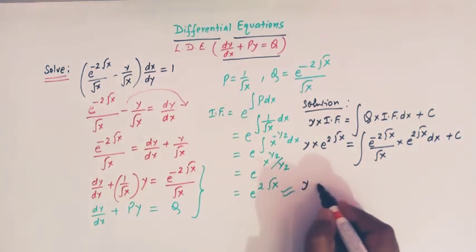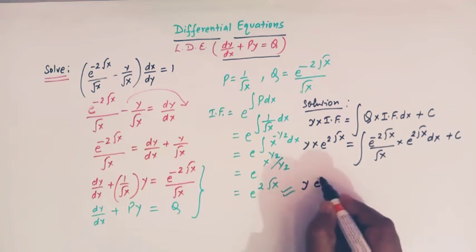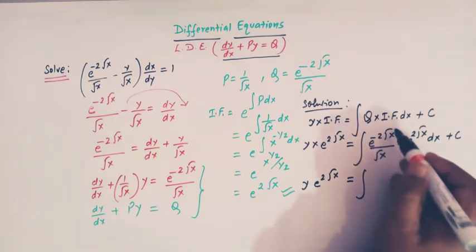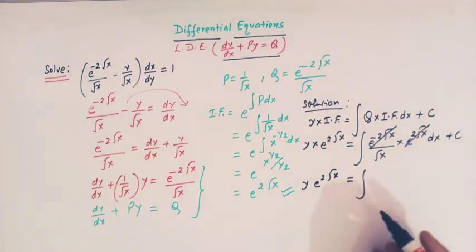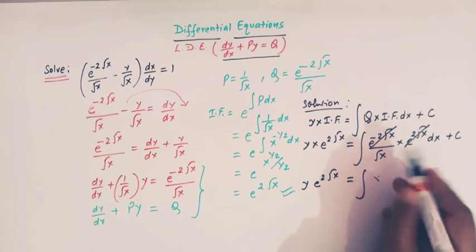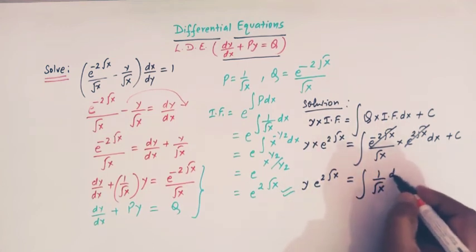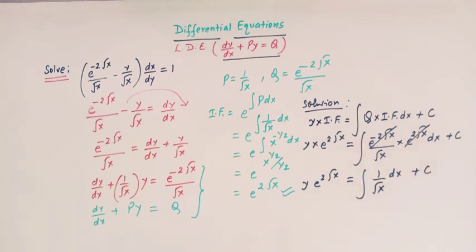So now we have y times e raised to 2 root x, and in the integral this term and this term get cancelled, so we have integral of 1 over root x dx plus c, right?